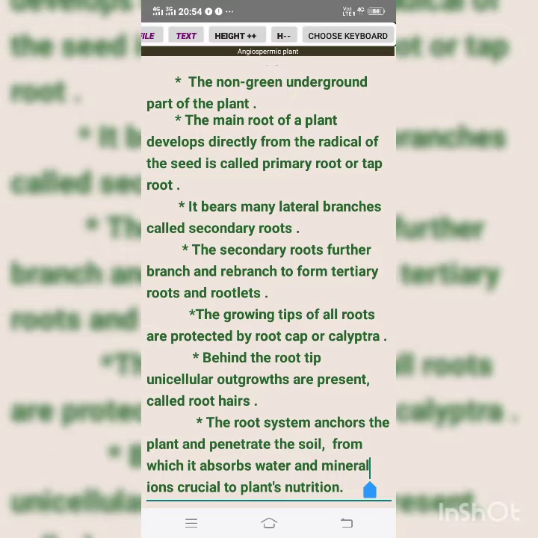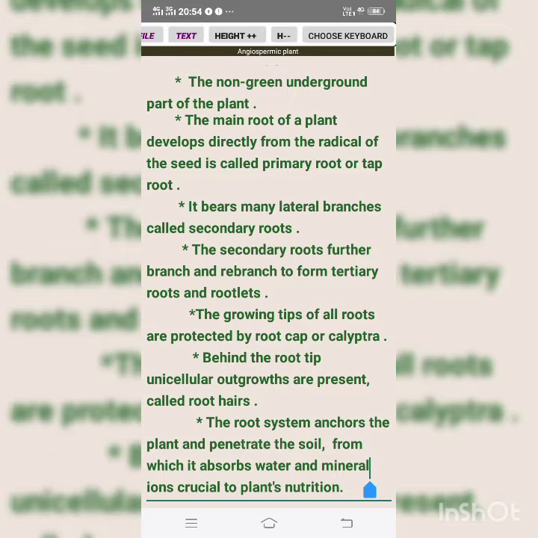Little behind the root tip, a tuft of unicellular outgrowths are present, and those are called root hairs. The root system anchors the plant and penetrates the soil, from which it absorbs water and minerals crucial to plants' nutrition.